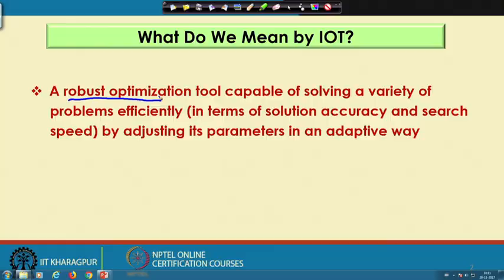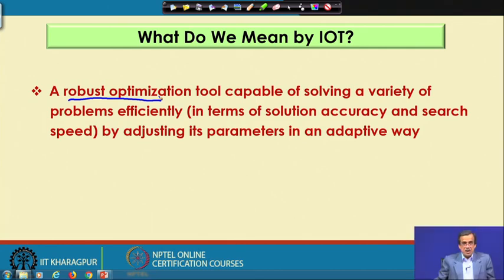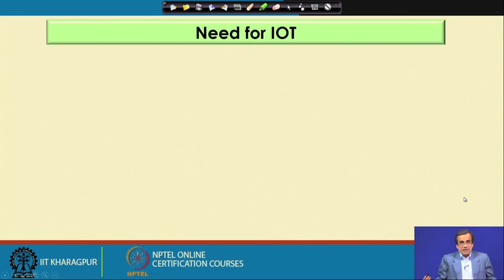Through a large number of iterations, this tool will have to adjust its parameters in an adaptive way. So, by intelligent optimization tool, we mean a robust optimization tool capable of solving different types of problems efficiently by adjusting parameters in an adaptive way. So, this is the concept of the intelligent optimization tool.